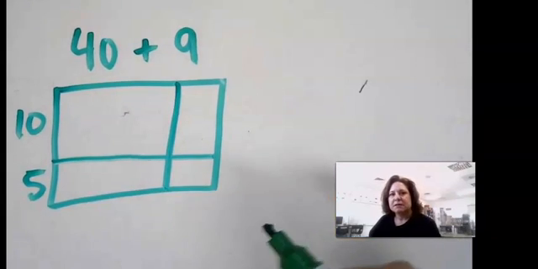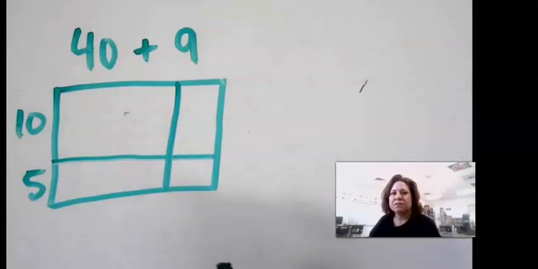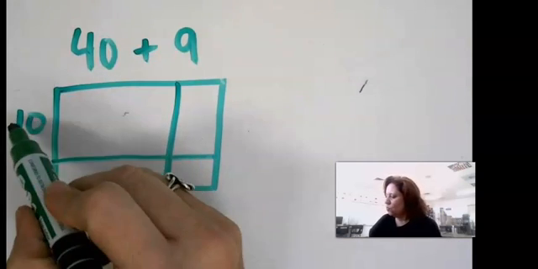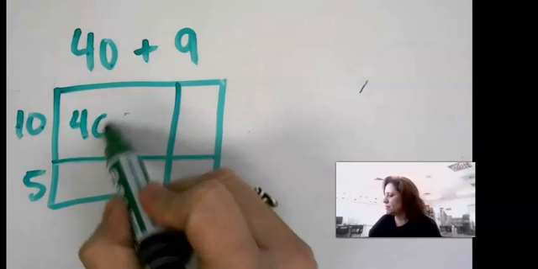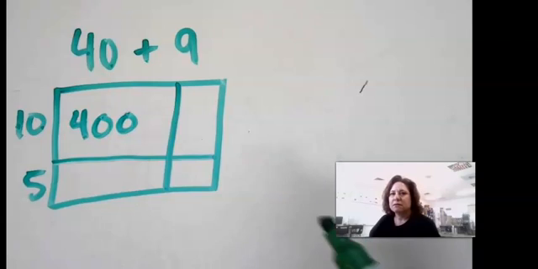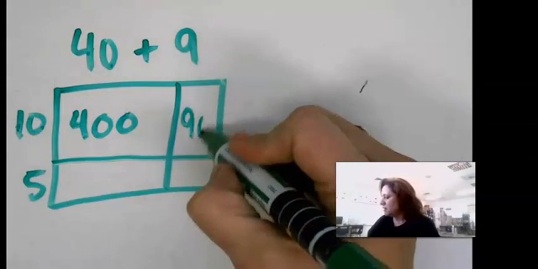Okay, so first step is 10 times 40, or 1 times 4, which is 4, plus 2 trailing zeros. The next step is 10 times 9, which is 90.